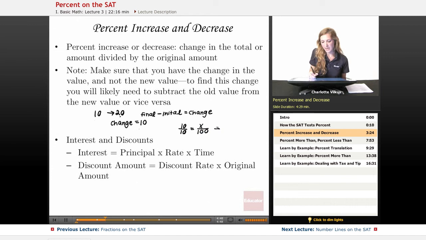And here I would be able to quickly see that I actually have a 100% increase, and I know it's an increase because I've gone from a smaller number to a larger number. But I would just set it up like this: change divided by original.